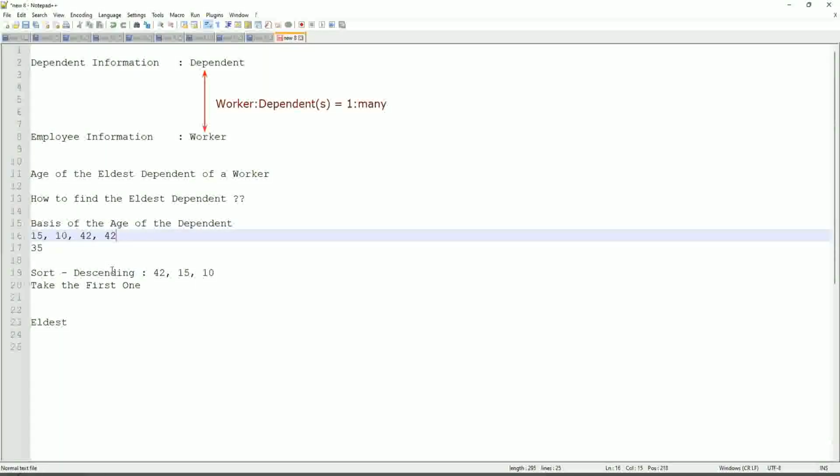Okay. But in this case, let's say, even if you have more numbers like 42, 43, 75, 82, and so on. If one worker has so many dependents, which these are their ages, will our logic that we have defined be absolutely bulletproof?